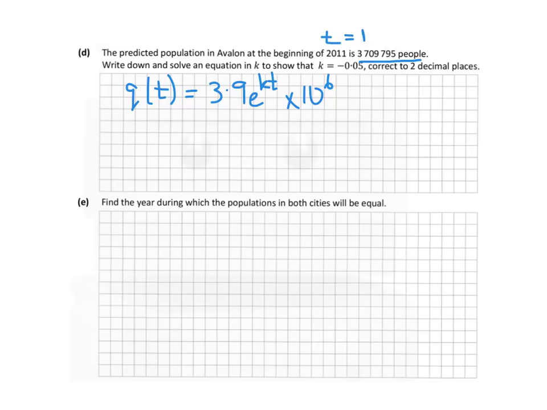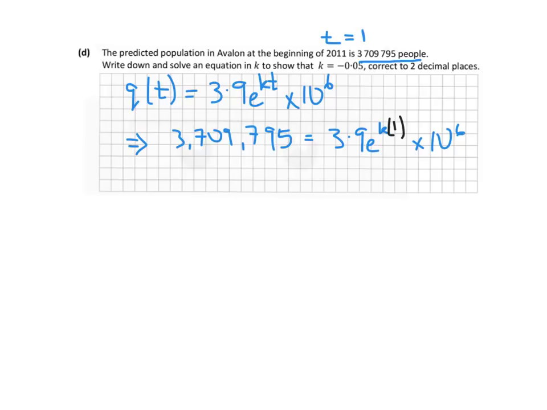So off we go. That implies here that 3709795 is equal to 3.9 e to the power of k times 1, which is just k, by 10 to the power of 6. Now, just to make things easier for myself, I am going to divide across by 10 to the power of 6.